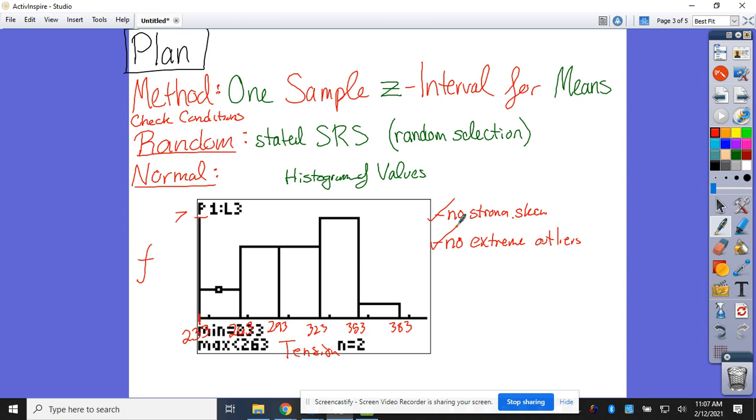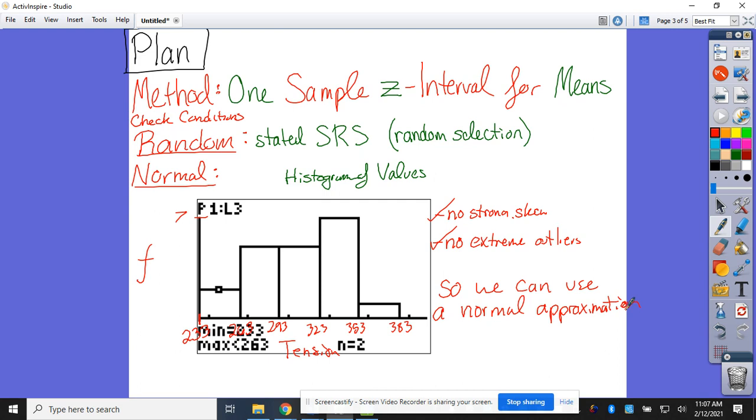And what do I need that's not up there yet? We can use normal approximation. Would you prefer us to do either the symmetric with no extreme outliers or the no skew? Did I use one sometime? Yes. It doesn't really matter.